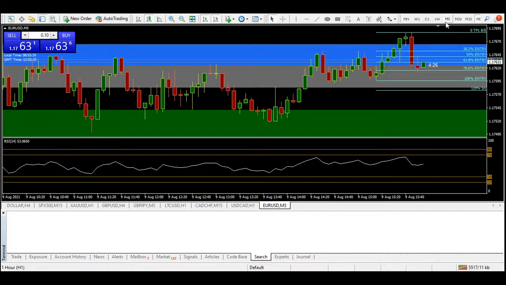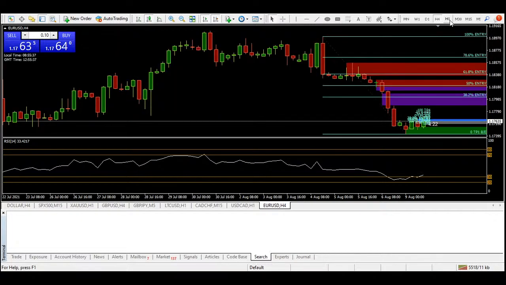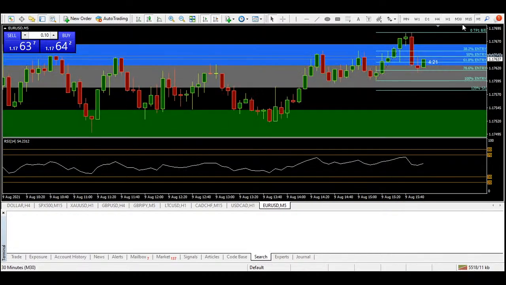I think the 4 hour is gonna close going up. Okay. You could get a nice engulfing pattern right here, coming off of the 78.6. Oh, yeah. I hate seeing that on the onset of a candle like that when there's so much time left in the candle.